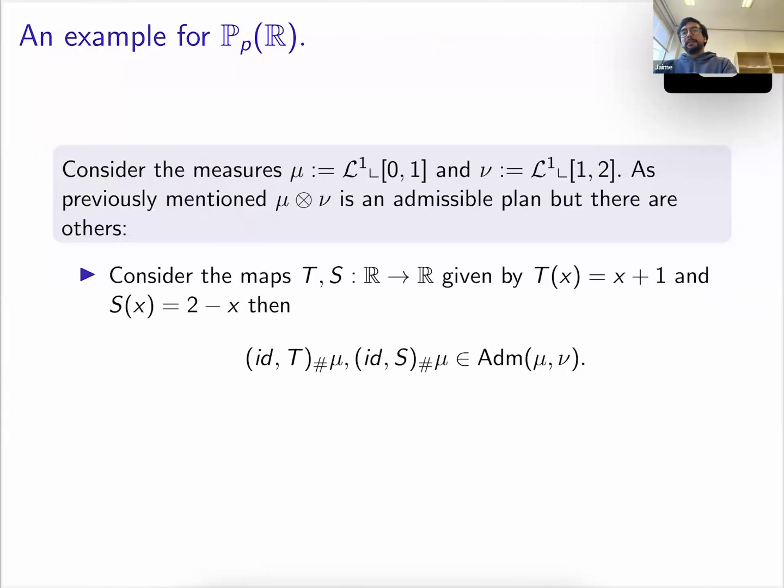For example, consider the maps T and S given by T of x, which will be just shifting all my points by 1, which is x plus 1, and S of x, which is going to be 2 minus x.